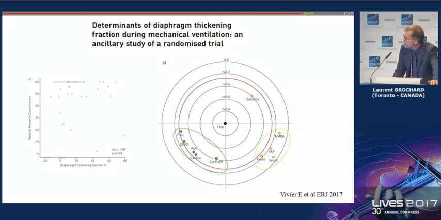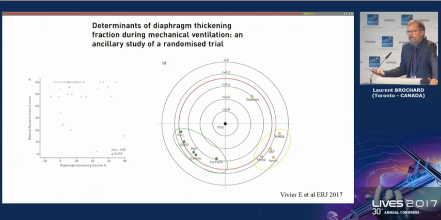To look at the different factors which were explaining, the closer you are to the center, the stronger is the correlation with the dependent variable, which is the thickening fraction. And you see that a significant negative correlation was sedation. Of course, the more sedation you give, the less thickening fraction you will have.